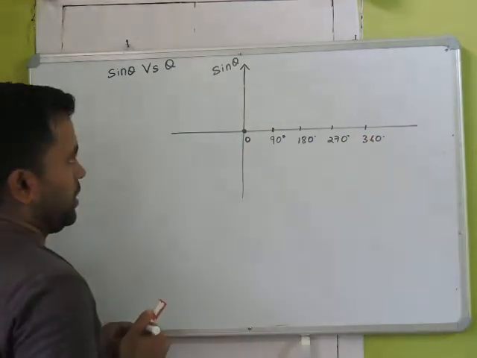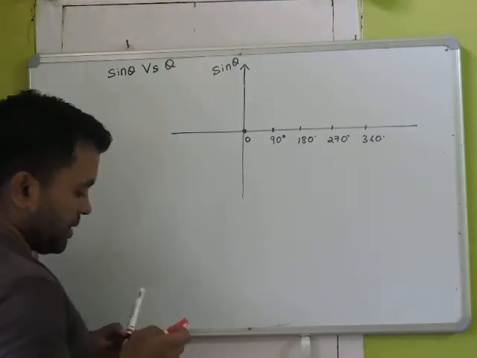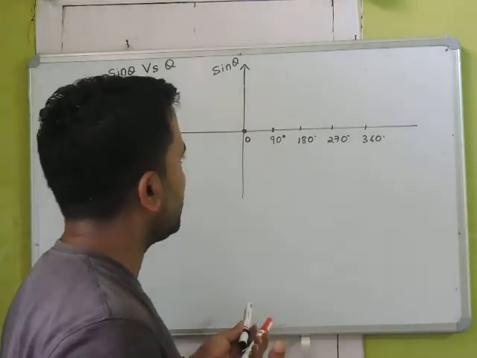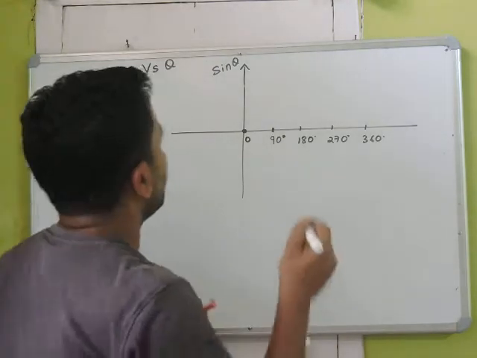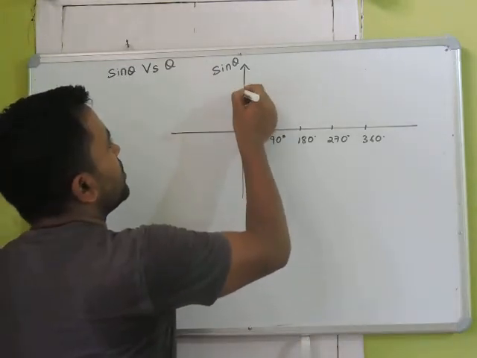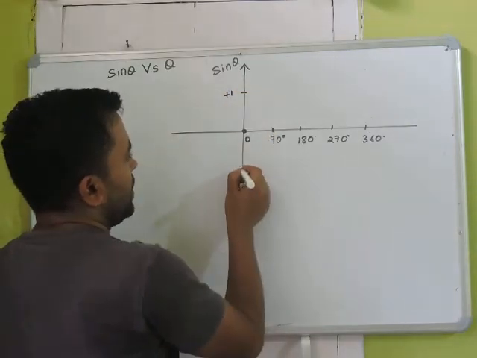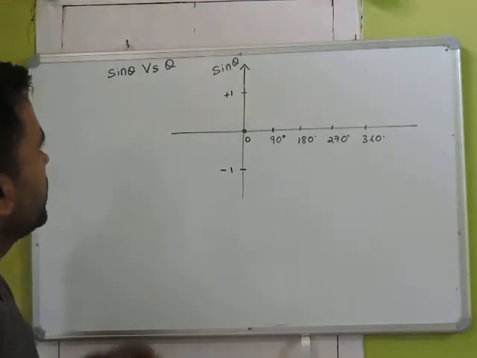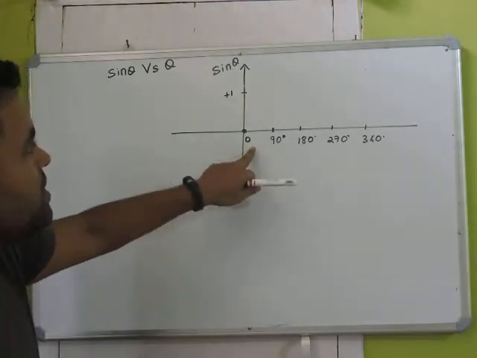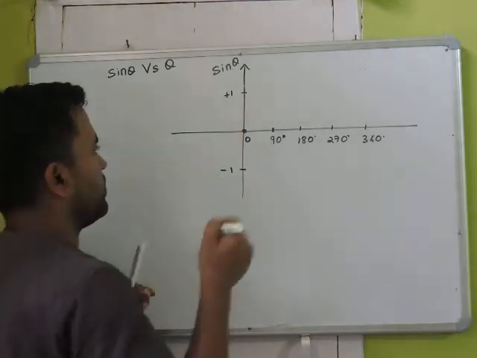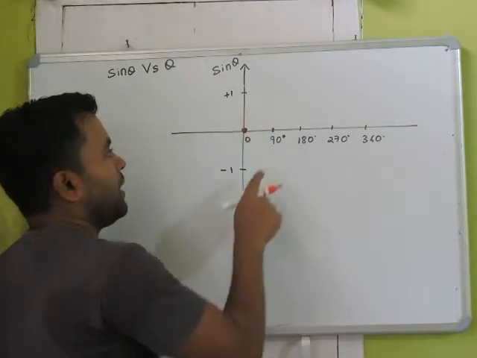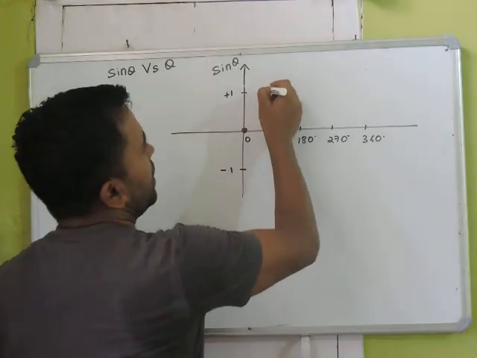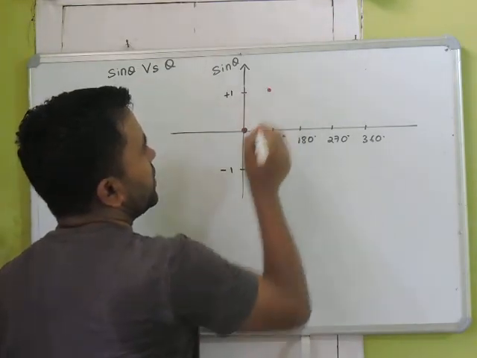Now it turns out that the value of sine 90 is 1, and its minimum value is minus 1. So the maximum value is plus 1 and the minimum value is minus 1. We all know that sine 0 is 0, so the first point will be here only. Sine 90 degree is plus 1, so I am putting a point above here.